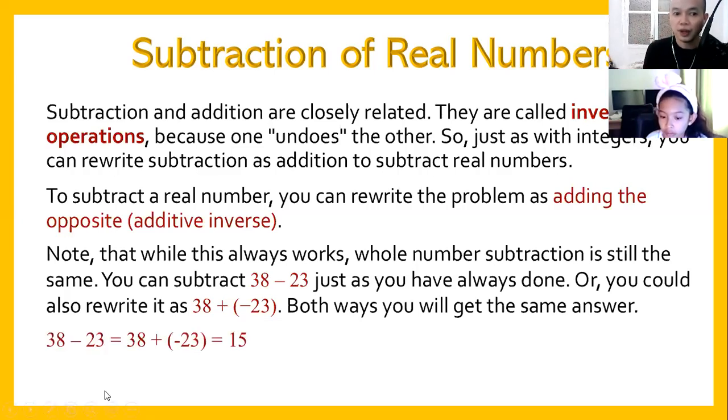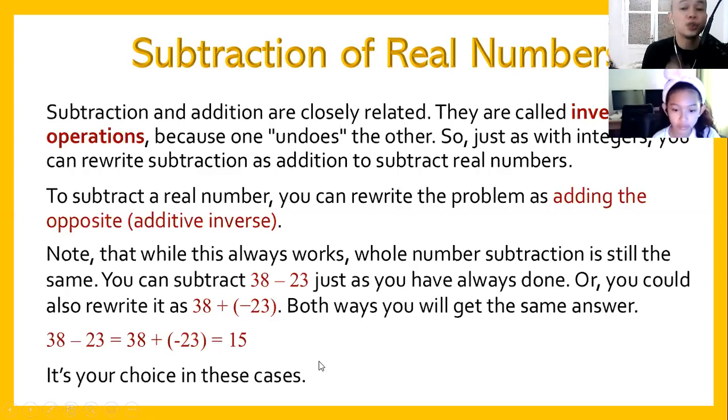So you have here 38 minus 23 equals 38 plus negative 23 equals 15, all right? So it's your choice in these cases. As for me, if you want it to be easier, then just proceed directly to subtraction. Why complicate things when you can make it simple, right, Crystal?